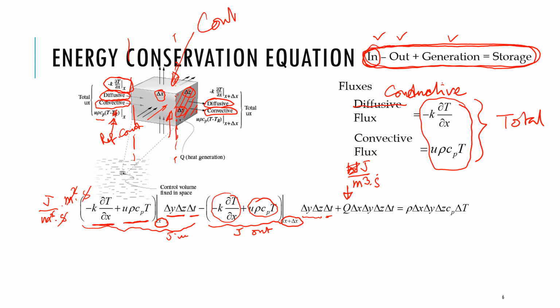This is my control volume. For the entire control volume, the heat generated would be this multiplied by delta x, delta y, delta z, meter cube, times delta t, second. So again, this would be joules generated.